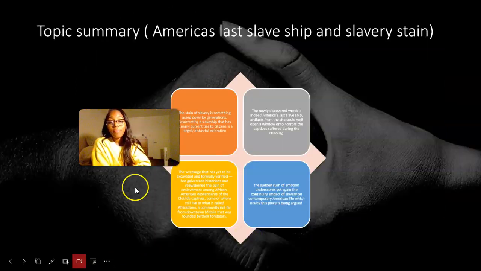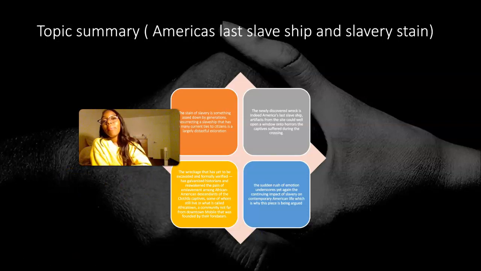I value that. My second editorial that I chose, as I said, was America's Last Slave Ship in Slavery Stain.